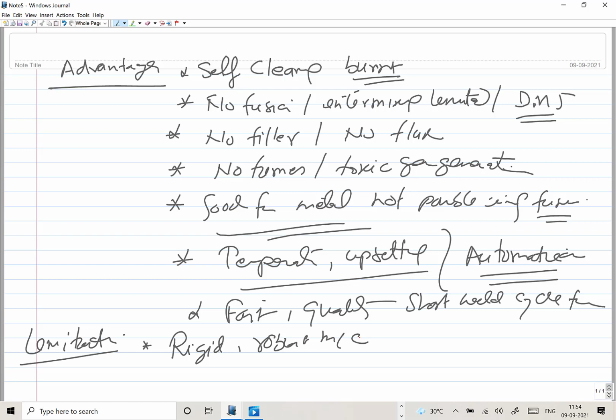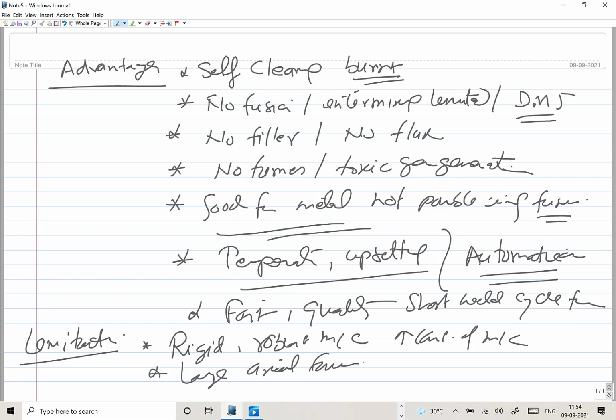And because of this, there is an increased cost of machines. The friction welding machines may be very costly. Okay, the forging force, a very large axial force, may be needed for the upsetting. So you need to make the systems rigid accordingly.